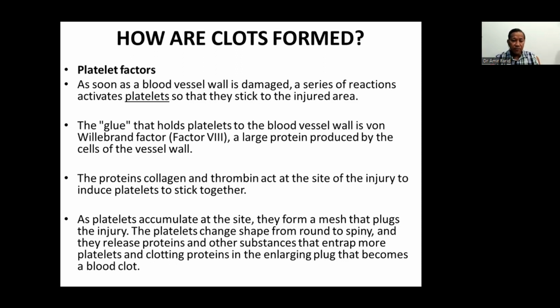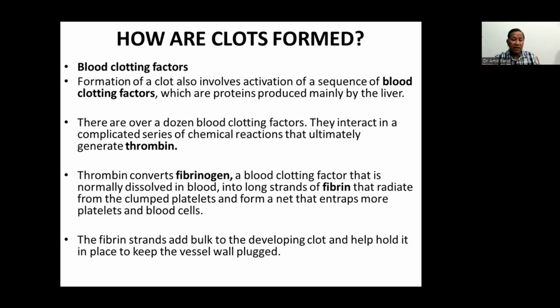And it's inseparable from the clotting factors. There are other clotting factors that come into play. So formation of a clot also involves activation of a sequence of blood clotting factors, which are proteins produced mainly by the liver. There are a dozen blood clotting factors. They interact in a complicated series of chemical reactions that ultimately generate thrombin.